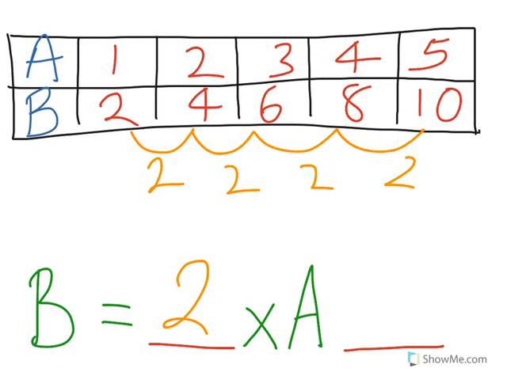If I do 2 times a, so 2 times 1, that is equal to 2. That works. I do 2 times 2, that is equal to 4. That also works. So I do not need to add anything. I can write plus 0, or I can leave this bit blank. And my rule is simply b equals 2 times a.